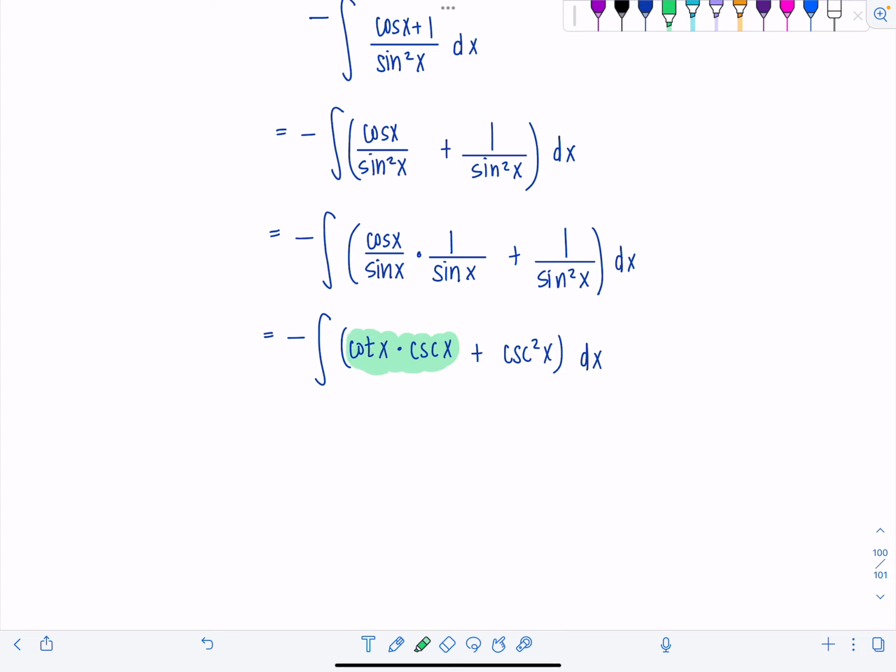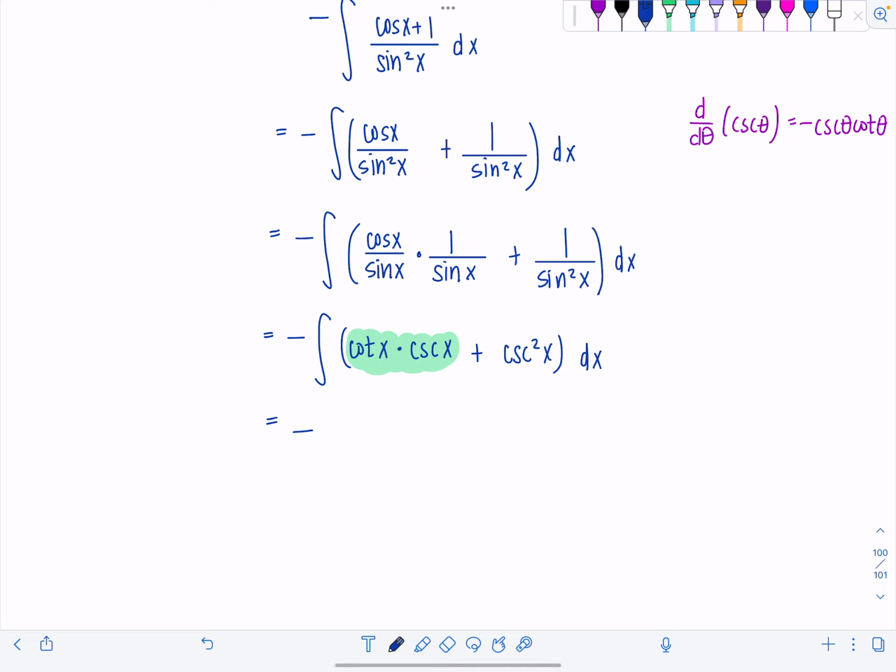Cotangent x cosecant x is almost the derivative of cosecant x. So if you've forgotten, the derivative of cosecant theta is negative cosecant theta cotangent theta. So I see the cotangent cosecant combo. It's just missing the minus sign, which is no problem.